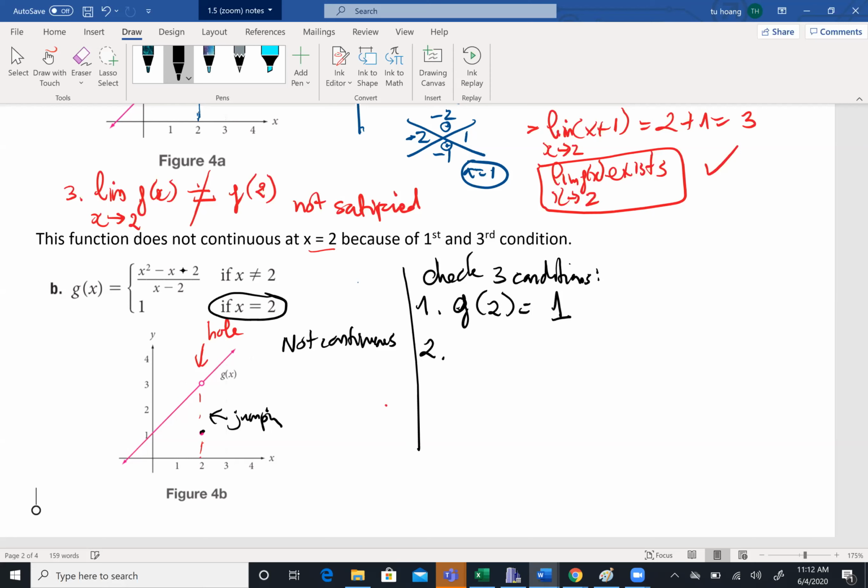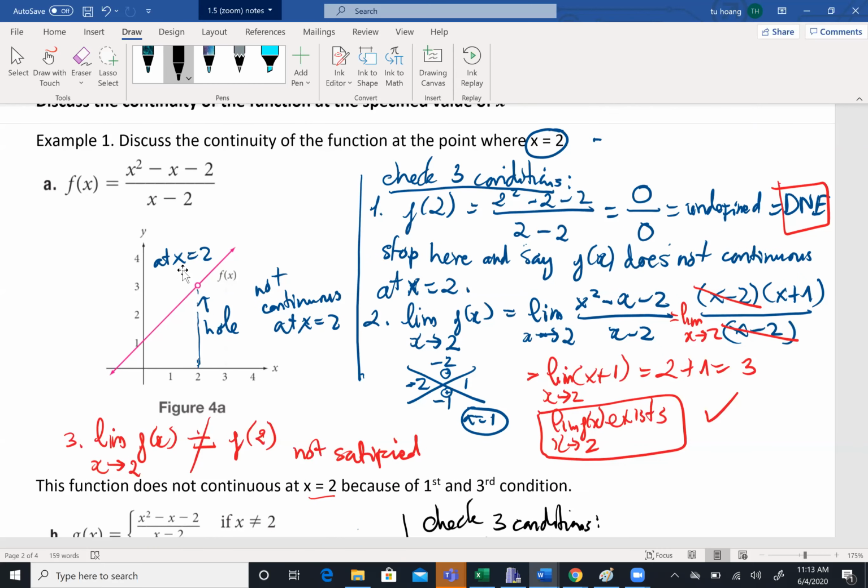And the second part, I'm going to talk about the limit of g(x) when x goes to 2. Okay, for a non-piecewise function, you can easily apply the function like the other kind of function, similar to example 1 here.